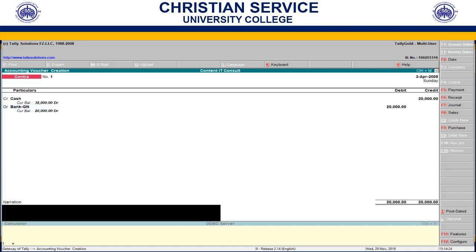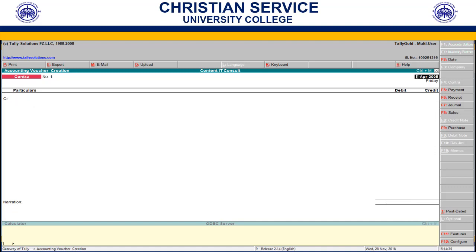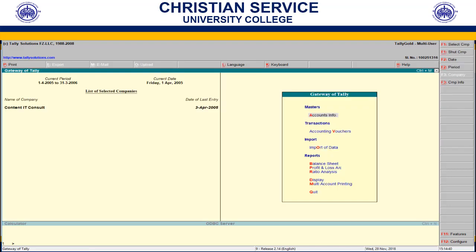That is a corresponding 20,000. This is maybe our first contra, or you could give the narration that will best make meaning to you as the accountant. Press the enter key to accept, and we are finished with that particular transaction also.